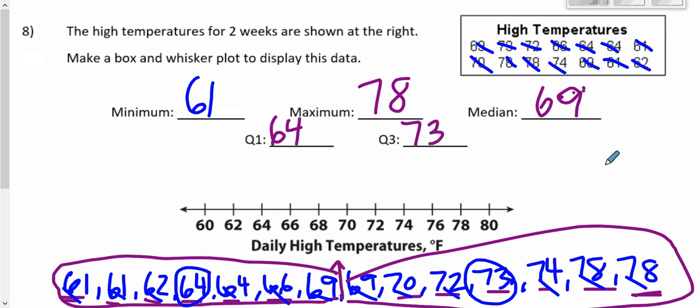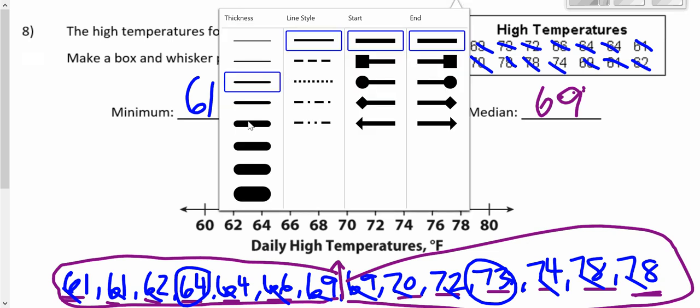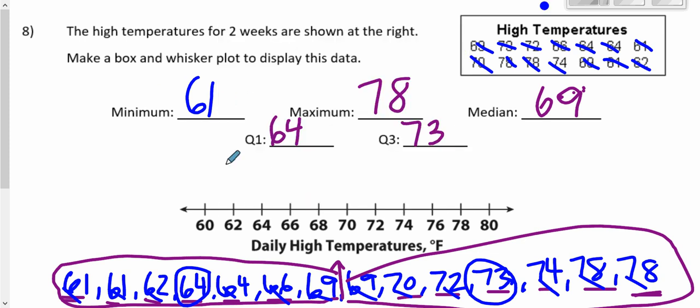Okay, so now that I have my 5 data points, I can draw my box and whiskers. So remember, on this, your box and whiskers is made up of those 5. It's a 5-number summary. So my minimum is 61, so 61 comes in between 60 and 62, so I'm going to put a dot there.